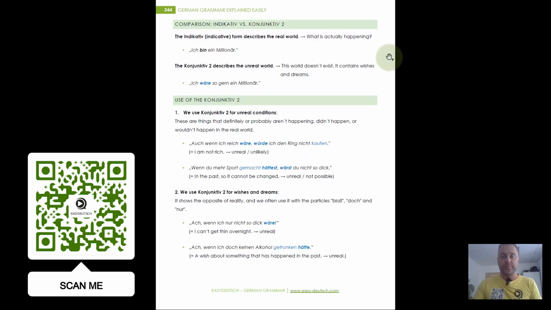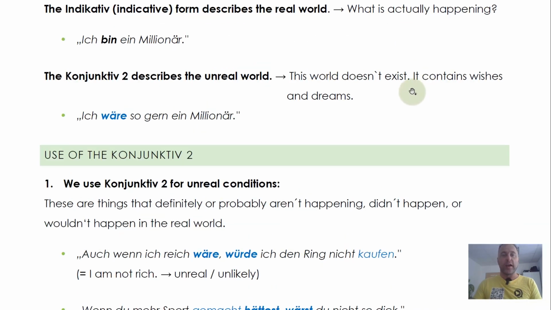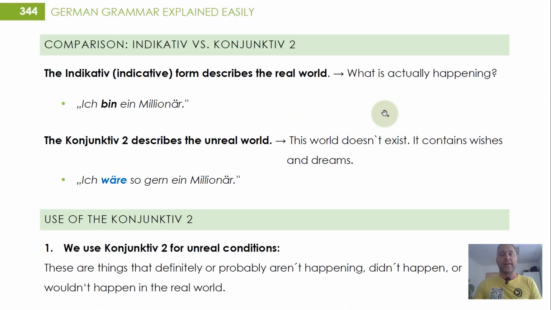First of all, let's have a quick comparison between the Indikativ, which is the real world, and the Konjunktiv 2 version, which describes the unreal world. In Indikativ, we describe simply what is actually happening.